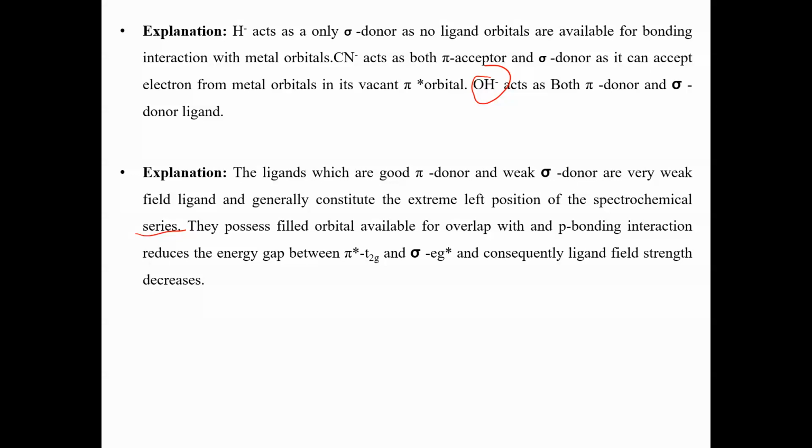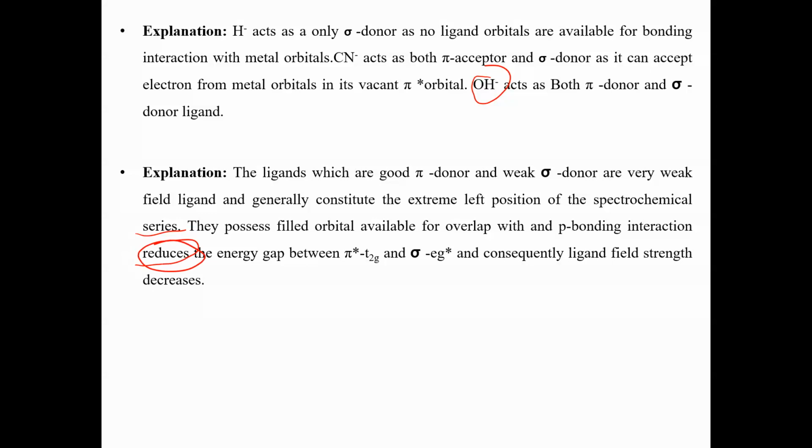Okay, in the last assignment I discussed the MO diagram in the case of pi donor and pi acceptor ligands, so you can just study that and choose the correct answer. Basically, since the energy gap is reduced, the ligand field strength is also decreased.